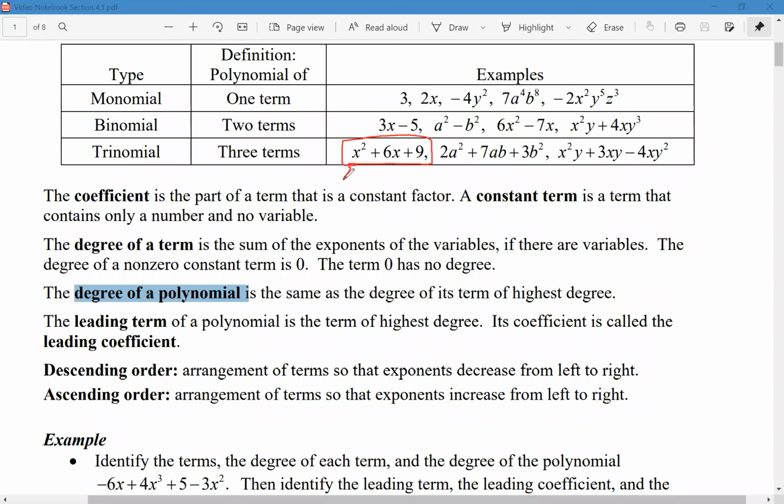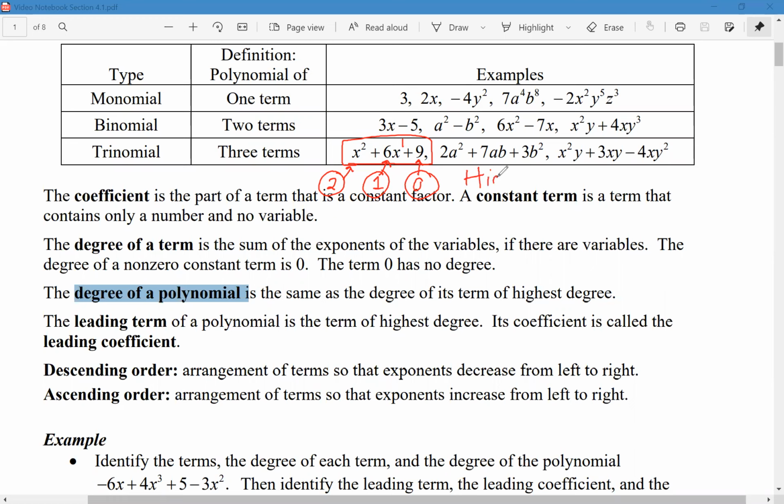The first term has a degree of 2 because the exponent on the x is 2. The second term has a degree of 1. Because remember, if you don't see an exponent on the variable, it's really a 1. The last term of 9, since there's no variable at all, the degree there is 0. So notice how we found the degree of each term separately.